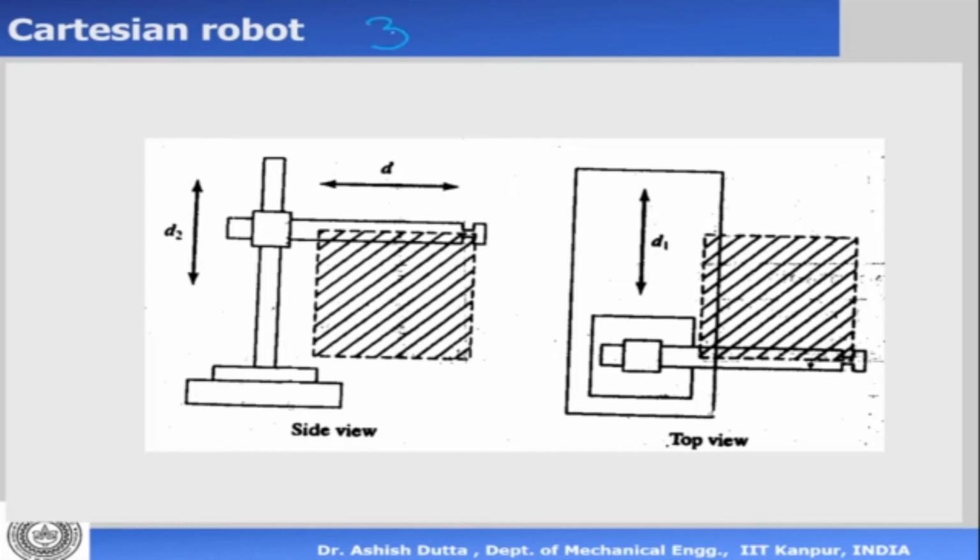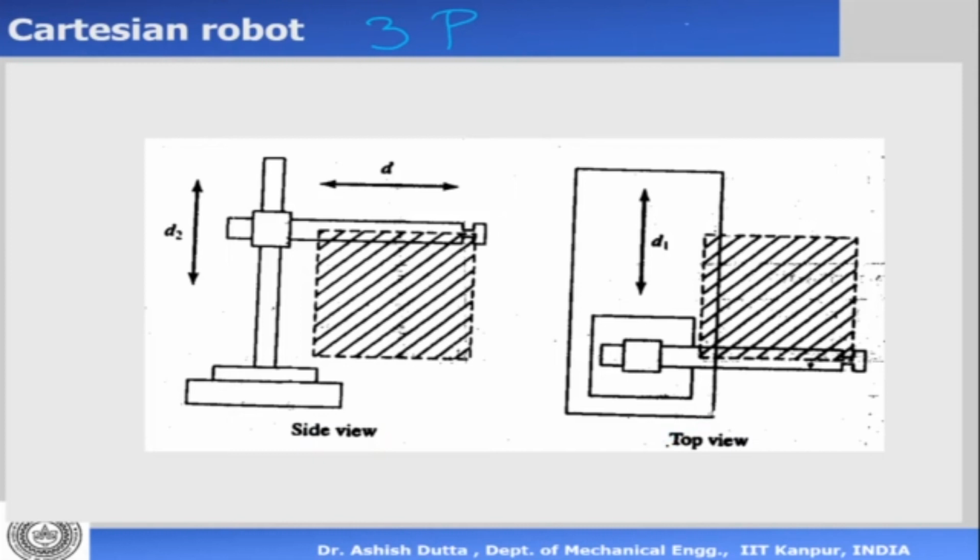Now this is made up of 3 prismatic joints. You know, a prismatic joint moves in a linear direction. Now this is the side view of the robot. So this is joint number 1, joint number 1 and 2. And if I see the top view, this is the top view. So the robot can also move like this. The full body is moving, the base. So we have 3 degrees of freedom, and they are represented by this D. This is a translational degree of freedom.